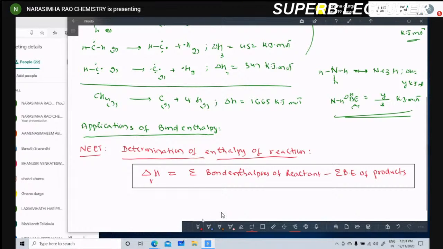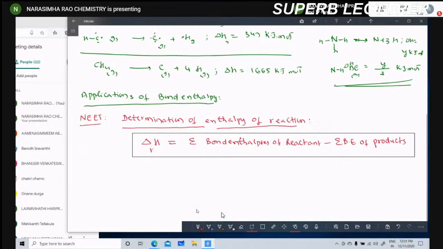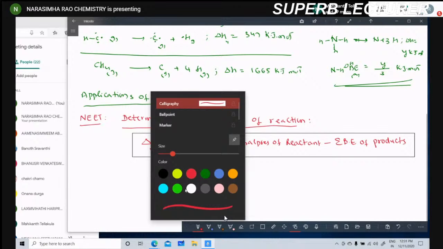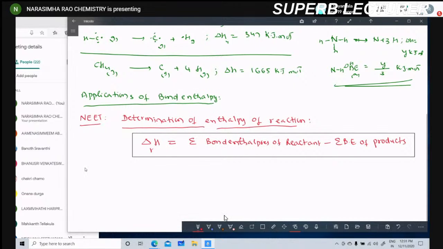Now the second application: determination of resonance energy. This is also important. Let me discuss how to determine resonance energy using this.